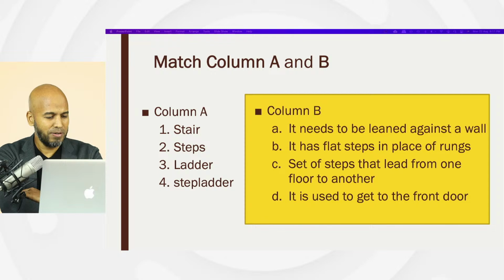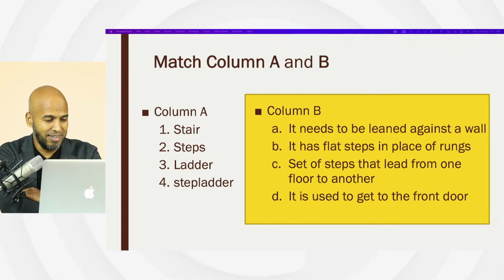I'm going to read statement number B. It has flat steps in place of rungs. If you're confused, you can jump to C. Set of steps that lead from one floor to another. From one floor to another.